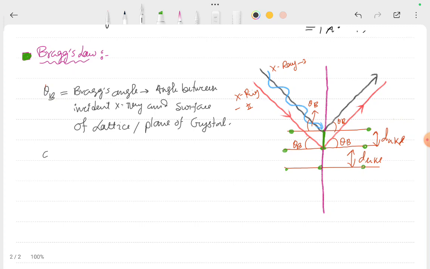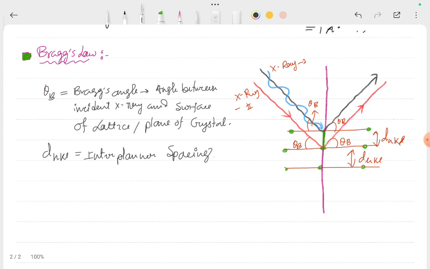And DHKL, we already know, is the interplanar spacing.